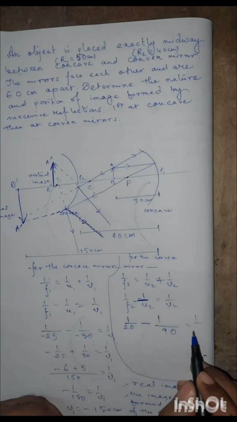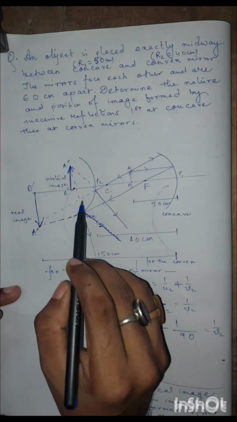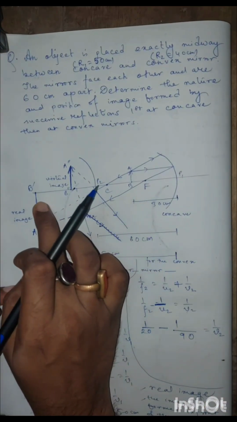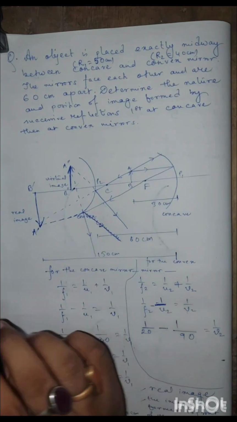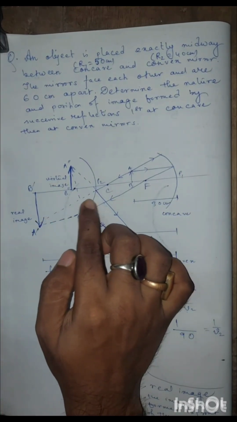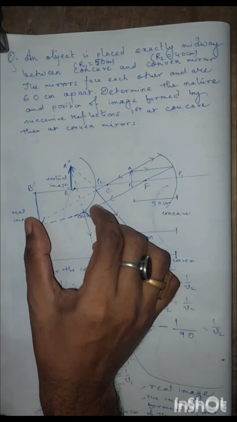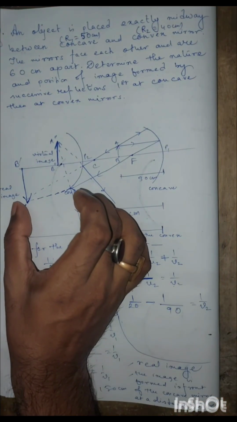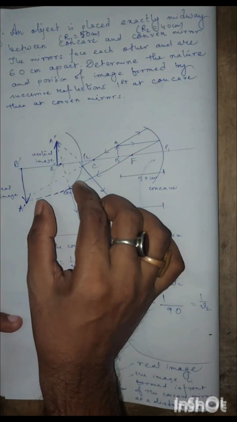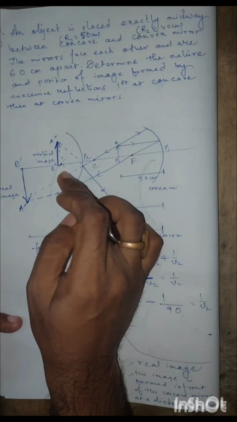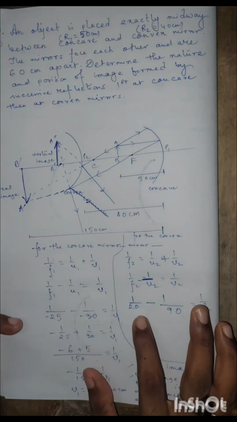This is our 1 by v2. The object distance is measured in the direction of light, so it is taken positive. This distance is positive 90, 1 by 90, and the focal length is also measured in the direction of light, so it is 1 by 20.